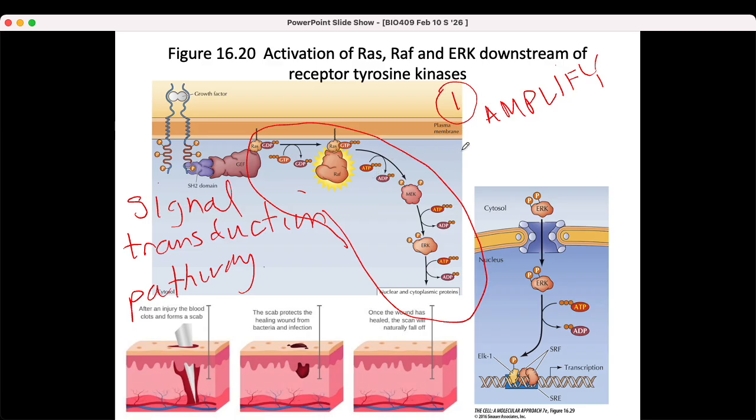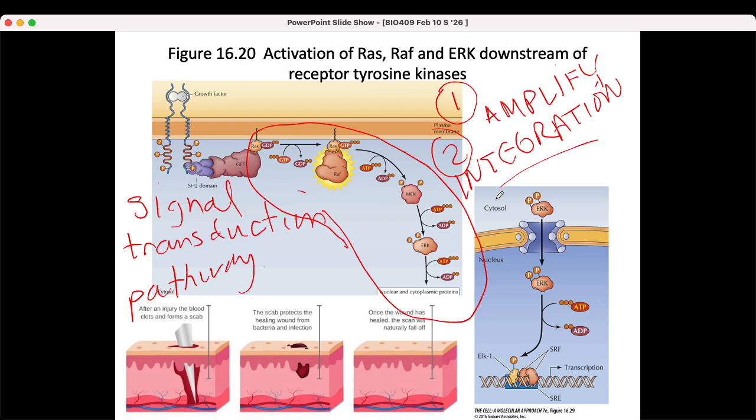And then the second thing that is not so obvious here is called integration. And what that means is that lots of times we have lots of checks and balances on these pathways. So yeah, you're going to amplify a little bit and make a big response, but let's be careful about it. And so lots of times there are crosstalks between pathways where you might need two different molecules to activate a cellular response.